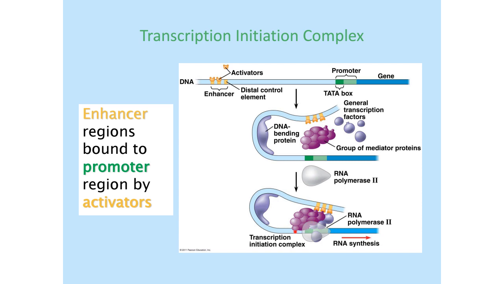Okay, now all of these things coming together help to form the transcription initiation complex. They're going to be able to recruit RNA polymerase for transcription. Okay, so the fact that this bends in half in this hairpin shape, assisted by this DNA bending protein down here, allows it to recruit RNA polymerase and allows it to start transcription.